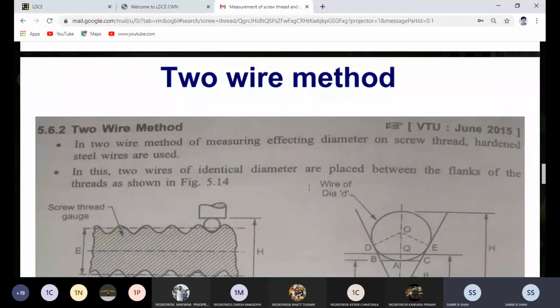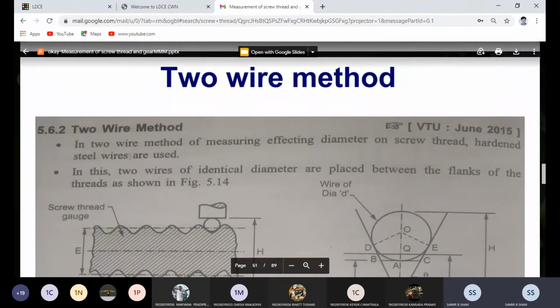In the two-wire method of measuring effective diameter on a screw thread, hardened steel wires are used. First of all, which kind of wire is used? That may be hardened, and it may be a steel kind of wire. We know why we have to do the hardening process, which we discussed initially in material science and metallurgy.